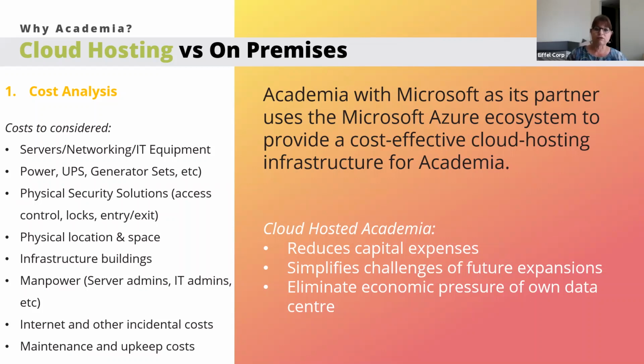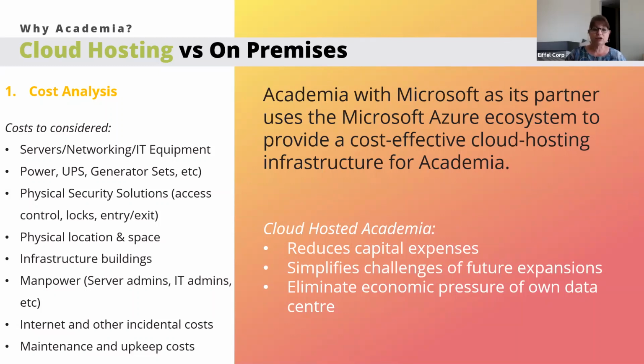Considering the cost of servers, networks, equipment, UPSs, generators, power banks, everything that needs to be in place to set up your infrastructure, which is definitely a big cost component. The physical security, location and the access around that. Also the physical location and the space requirements for a data center.